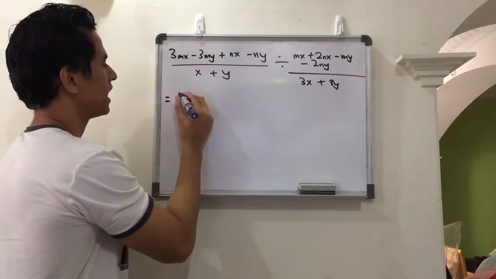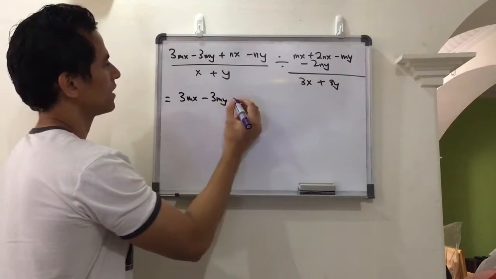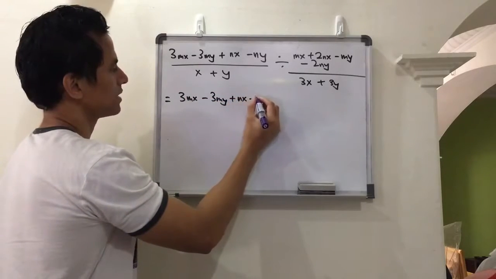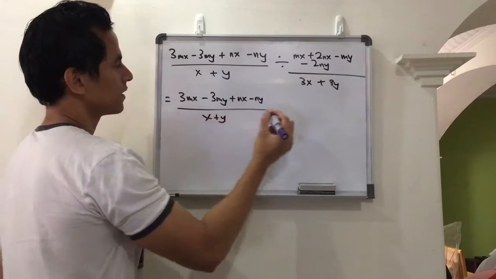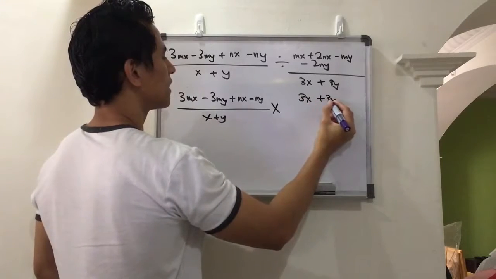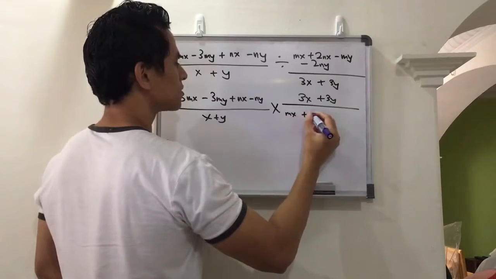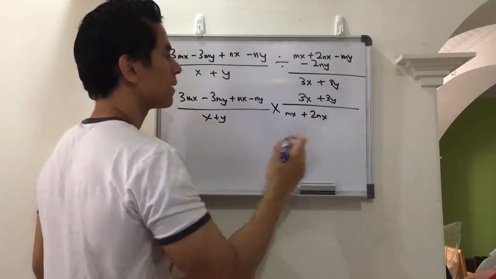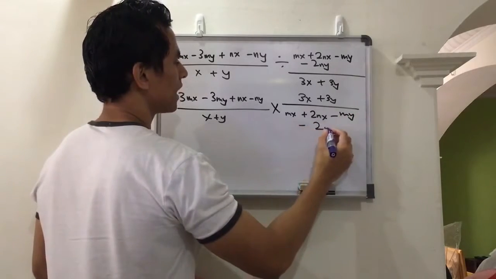I'll flip it, and now we get 3mx minus 3my plus nx minus ny over x plus y. This gets multiplied by 3x plus 3y over mx plus 2nx minus my minus 2ny.